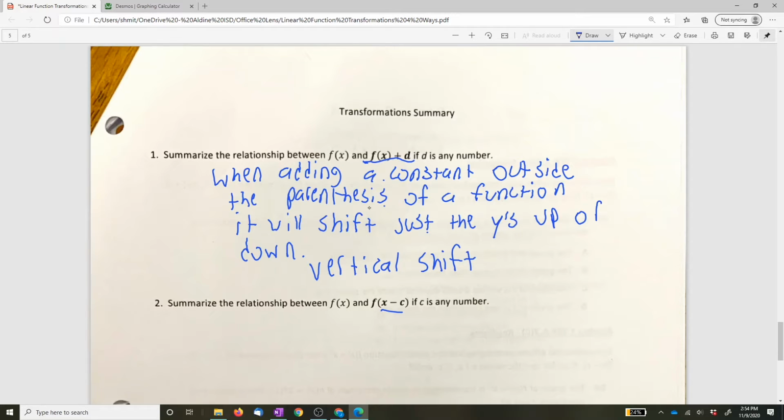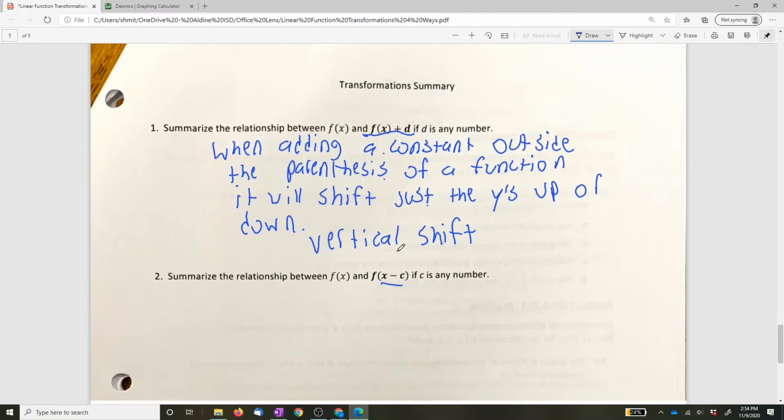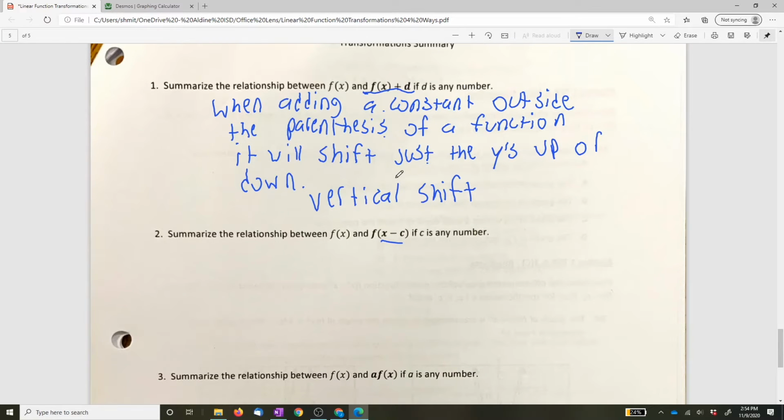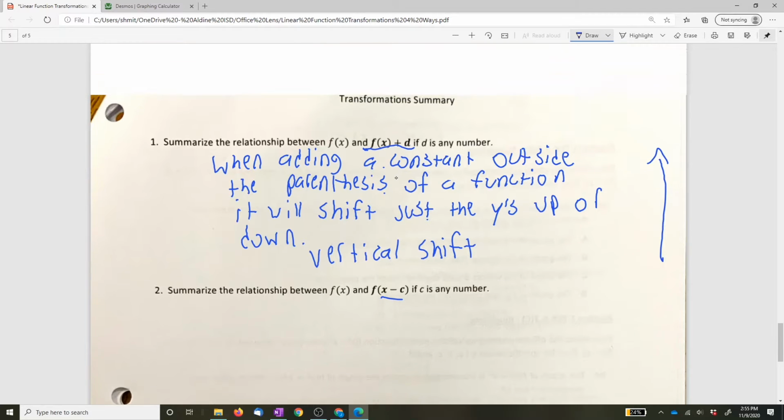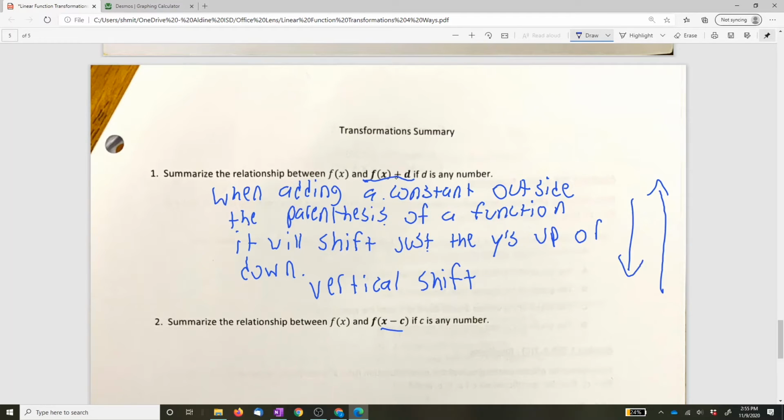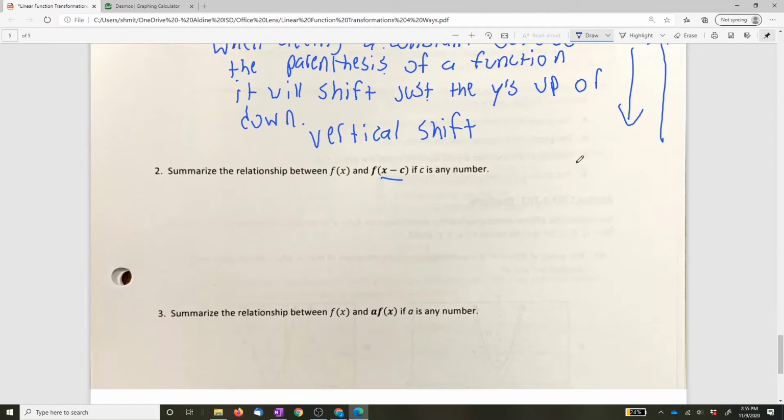When you add a constant outside of the parentheses of a function, it's going to shift only the y's up or down, which is called a vertical shift. So when you add, it's going to change the entire graph, and it's either going to lift it up or it's going to drag it down the entire line or shape, if you have a shape in geometry.